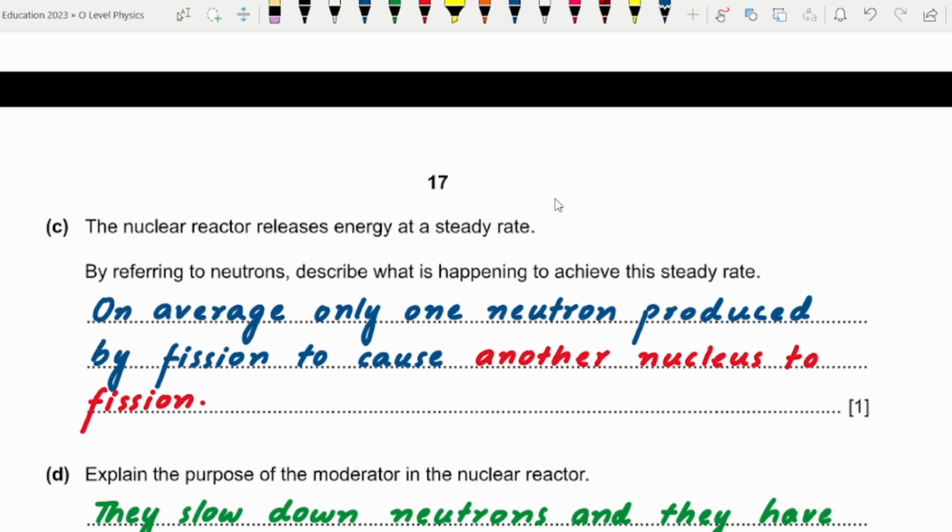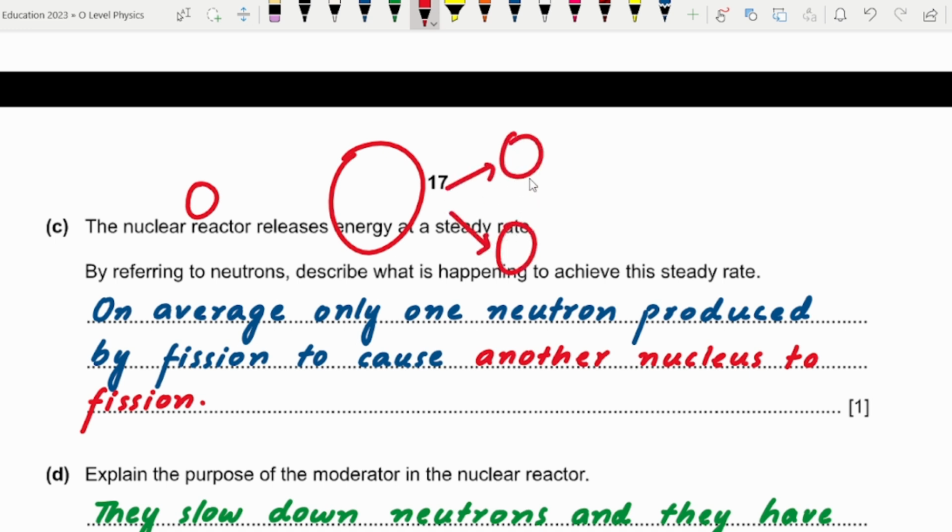By referring to the neutrons, describe what is happening to achieve this steady state. Like I said, when one neutron strikes the uranium, it breaks down into two smaller nuclei with further emission of neutrons. But what we do is we ensure that only one of the neutrons would be used further, and the rest of the neutrons would be absorbed by the rods.